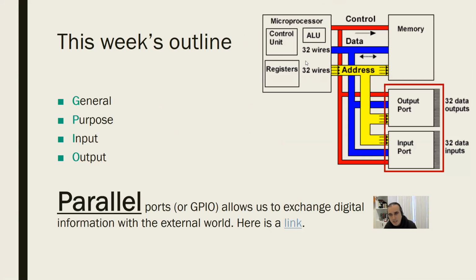Because there's a microprocessor, the arithmetic logic unit is inside, the control unit is inside, the registers are inside, and the memory is something external I connect by connecting the address, data, and control buses, parallel lines, to it. And I can connect a GPIO in a similar fashion, just like I talked about in the beginning of the lecture. You can connect an input-output port by connecting the control, data, and address buses.